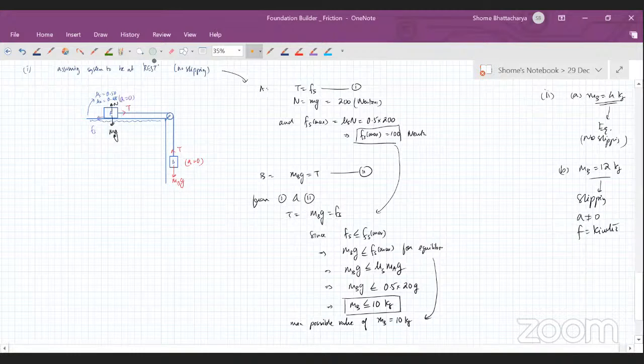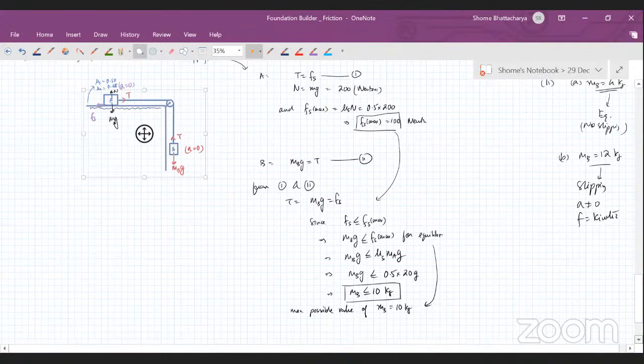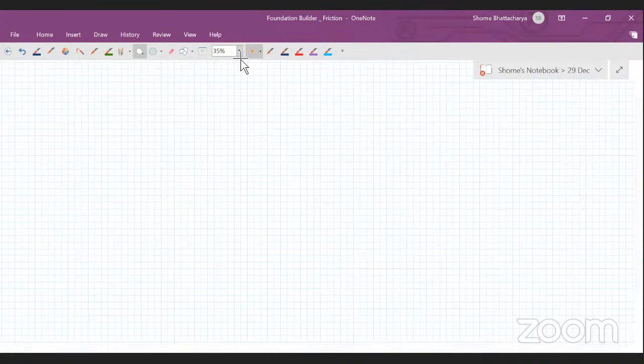Okay, so for the 4 kg case, you can just use the same set of free body diagrams. There's no difference at all. Whereas for the 12 kg part, you will have to adjust it with kinetic friction and the condition of slipping.